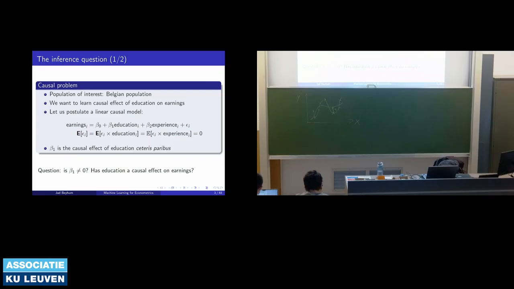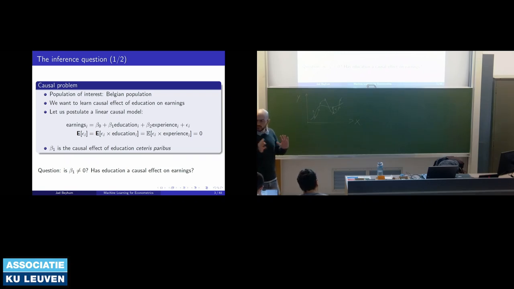And I'm going to suppose, for now, that the causal model is linear. Of course, you might tell me this is not realistic, but this is a toy example to understand what's happening. So I suppose that earnings is linear in education and experience, plus some error term, which is uncorrelated with education and experience. I suppose that this model is a causal model.